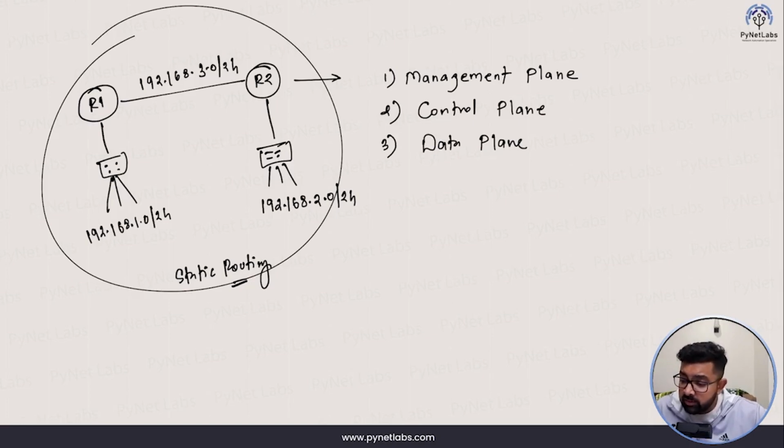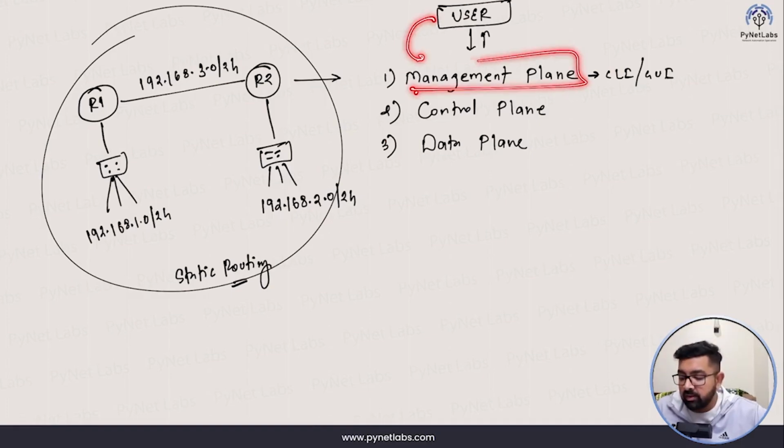The user usually sits over here and interacts with the device by either using CLI or GUI. So when we say that the user is interacting with the network device using CLI or GUI, the user is doing nothing but speaking with the management plane of that particular device.